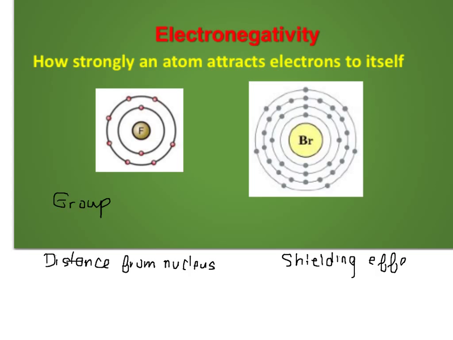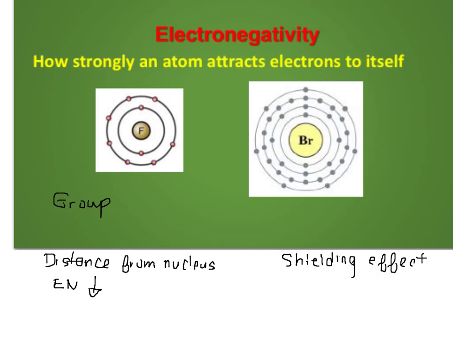So these are the 2 factors that we're going to see within the group. If the distance from the nucleus increases, will there be a strong pull on the electrons? No. So as the distance from the nucleus increases, the electronegativity will decrease.